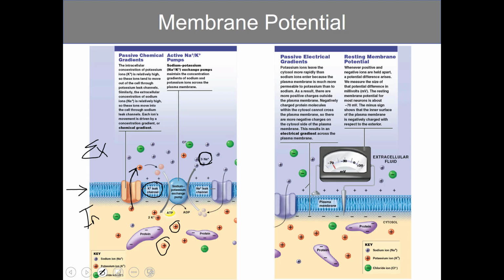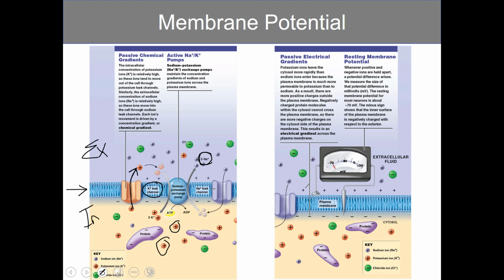In addition, sodium ion concentration is relatively high outside in the extracellular fluid, and sodium ions are going to move into the cell through sodium leak channels. The movement of these ions, whether it's potassium or sodium, is really dependent on the concentration gradient, or the chemical gradient. Remember that everything desires a state of equilibrium.